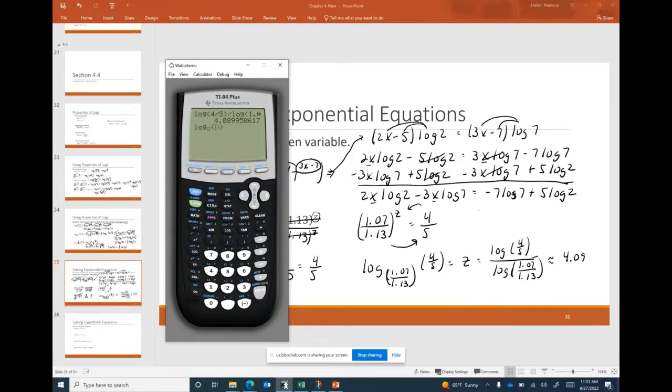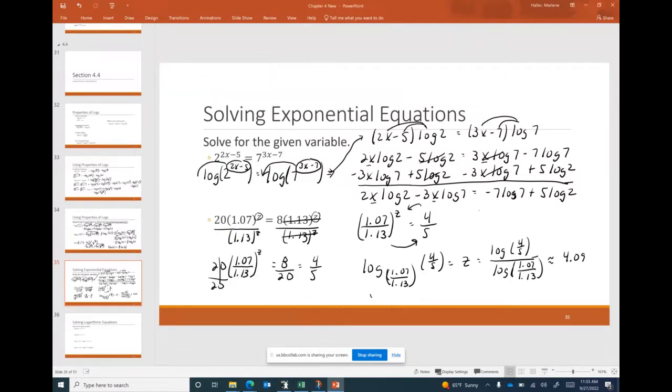So I'd say log base, and then I put in my ratio 1.07 divided by 1.13. That's just the base there. Then use this arrow key to move over for the argument. In the argument, I'll put 4/5 or 0.8, but never really simplify. Just put the whole thing in there. And you'll see I get the same exact value.